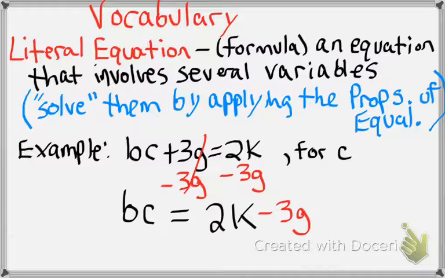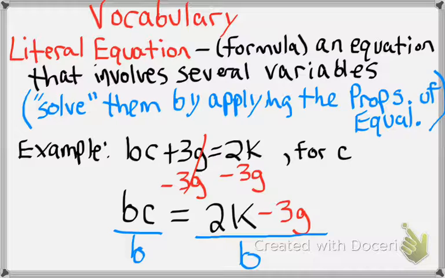Now, to finish getting C by itself, we have to get rid of its coefficient. Its coefficient in this case is a letter, it's a B. But do what you would do normally to get rid of any coefficient. You would divide both sides by the coefficient. Divide the left side by B, but now here's a trick. When you go to divide the right side, you have to divide everything by B. You don't just get to divide one of them by B. There's no one term over there.